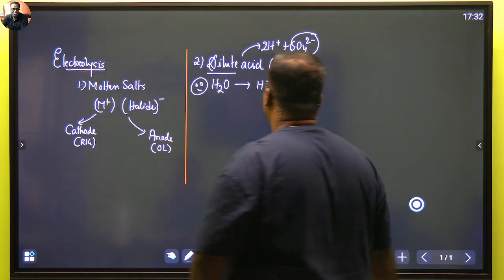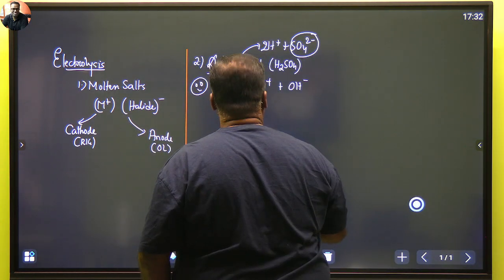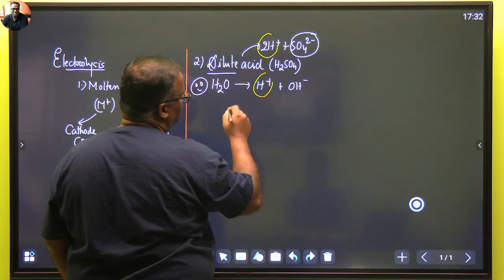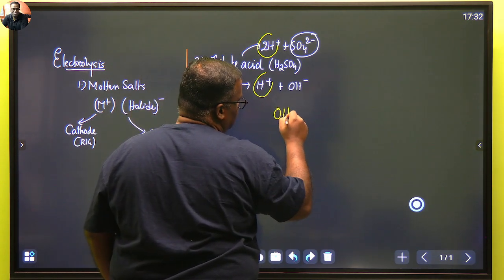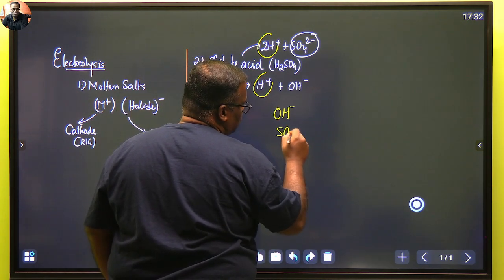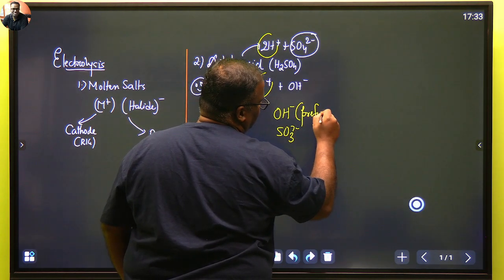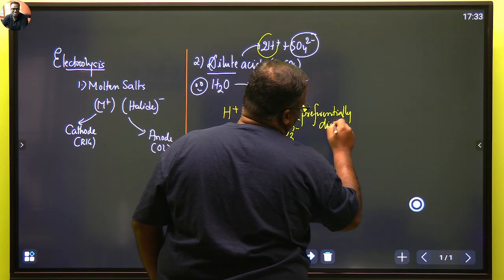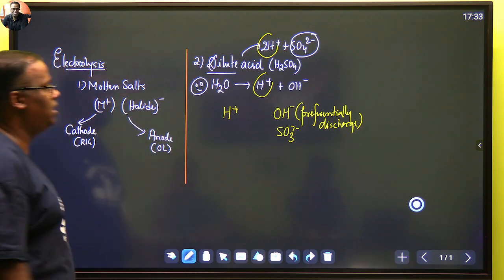So we said that this fellow and this fellow are common fellows. So finally we get H+ and we again get OH-, though we also get SO4 2-, but this is preferred. Preferentially discharged. Okay, that is the summary of yesterday.